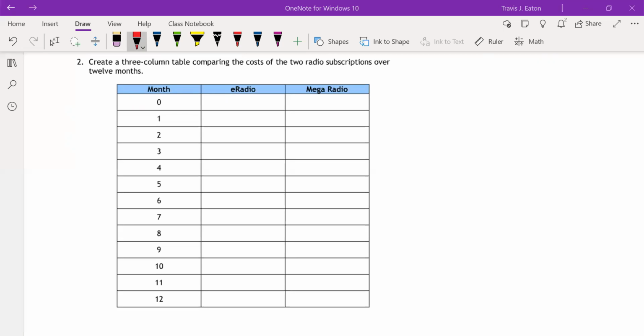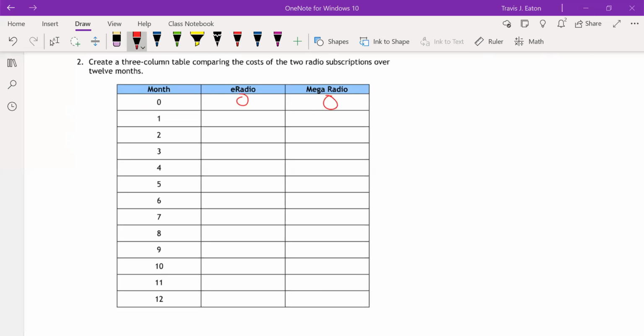This will work. So at month 0, the cost of e-radio was 0 according to the graph, and the cost of mega radio at 0 months was 0. Unless I'm mistaken, which I don't believe I am.